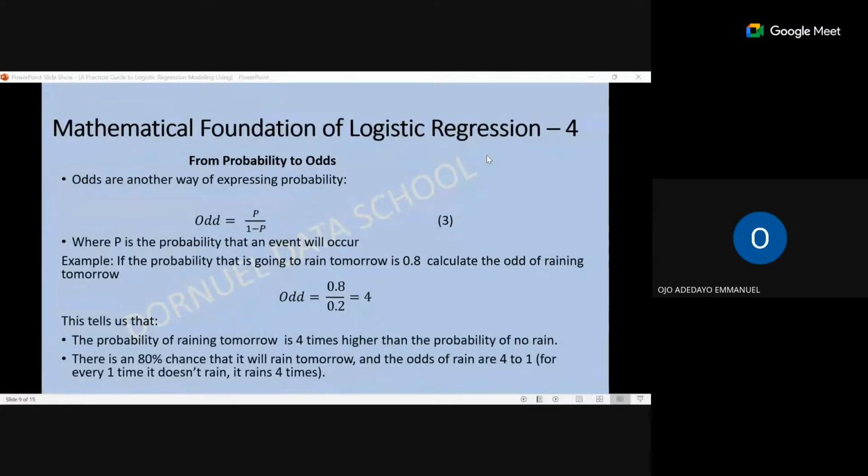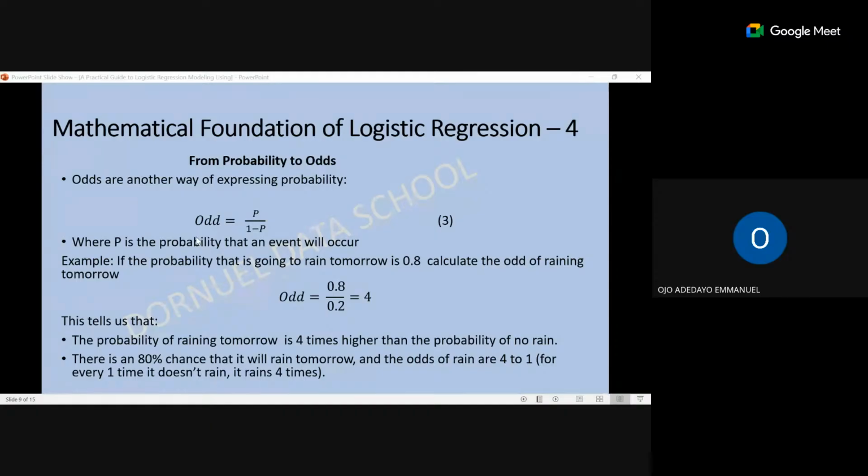Let's say, for instance, I ask you what is the probability that it is going to rain tomorrow, and I give you the probability that it is going to rain tomorrow is 0.8. That is 80%. So if I want to get the odds of raining tomorrow, the odds that it is going to rain tomorrow is going to be the probability that it is going to rain tomorrow divided by 1 minus the probability that it is going to rain tomorrow.